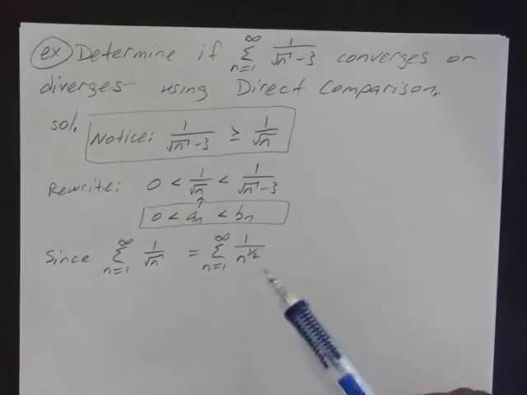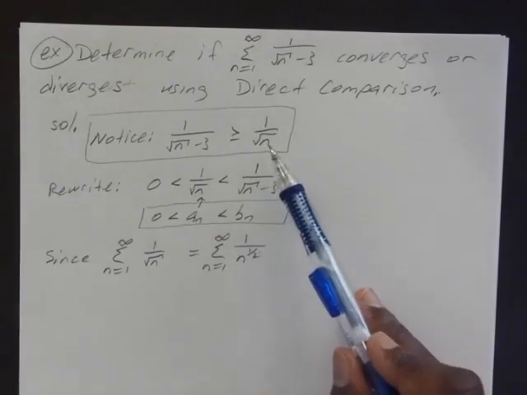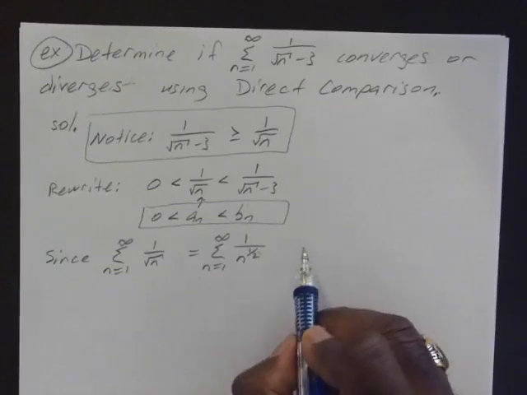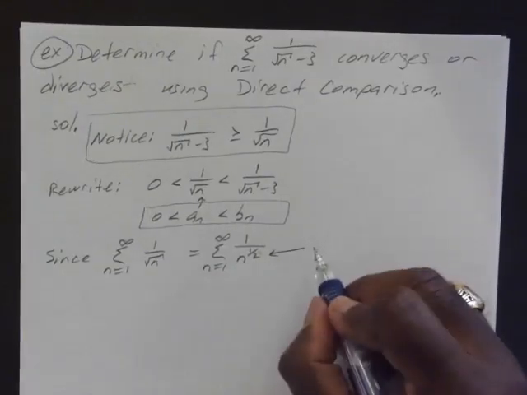Like I said, this is why we just take the simplest comparison possible, because all we have to do is use the p-series test.